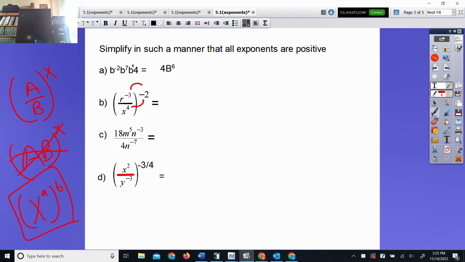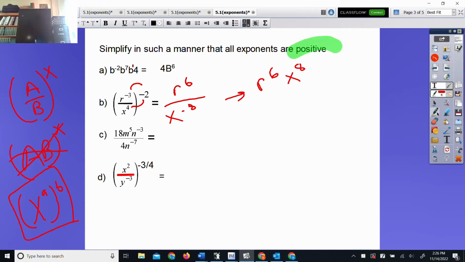What's a -3 times a -2? 6. Down low, 4 times a -2. 8. So r to the 6 sitting over x to the -8. Does that make all the exponents positive? Oh, no. What do you get to do with that x to the -8? Get to bring it up.